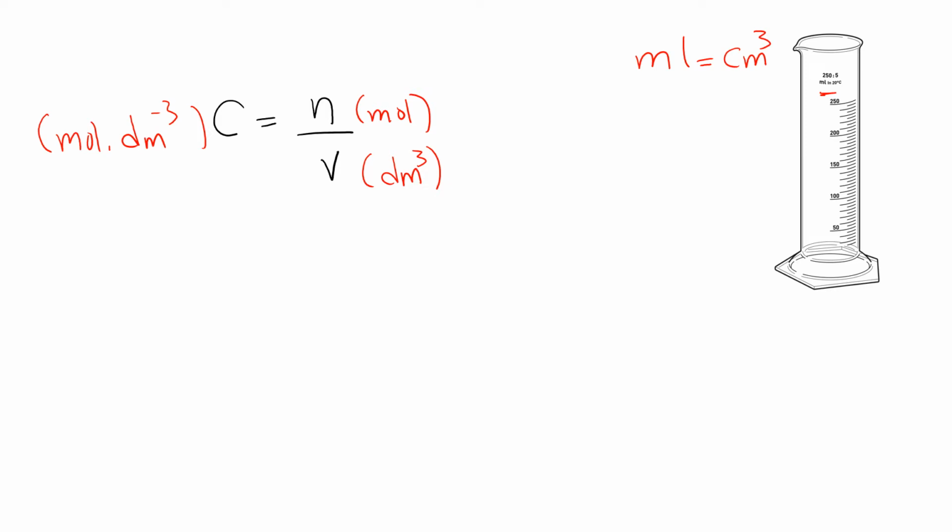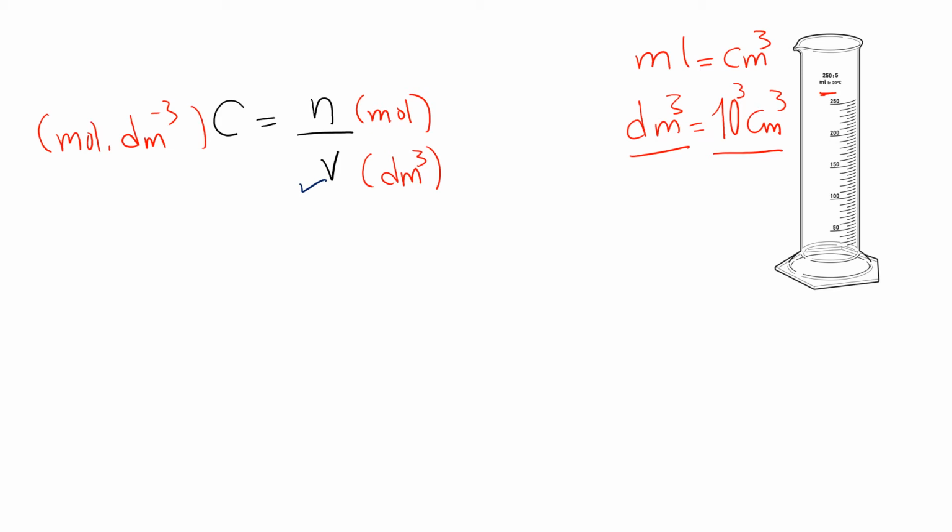And of course, we always have to remember that we can convert from cubic decimeter to cubic centimeter, or the other way around, by multiplying by 10 to the power 3. So 1 dm³ is equal to 10³ cm³. So this is for calculating the volume of the solvent.